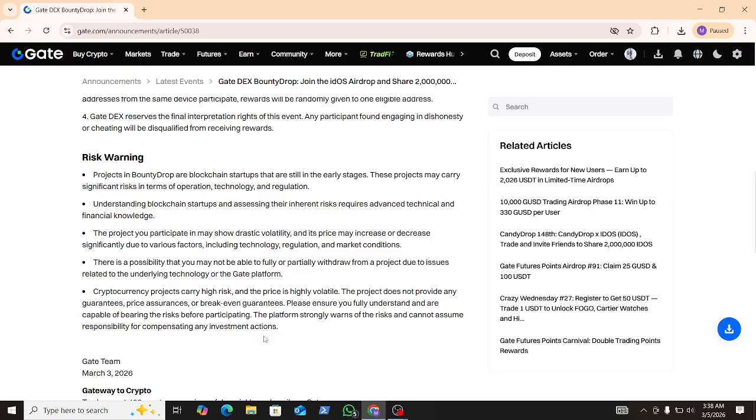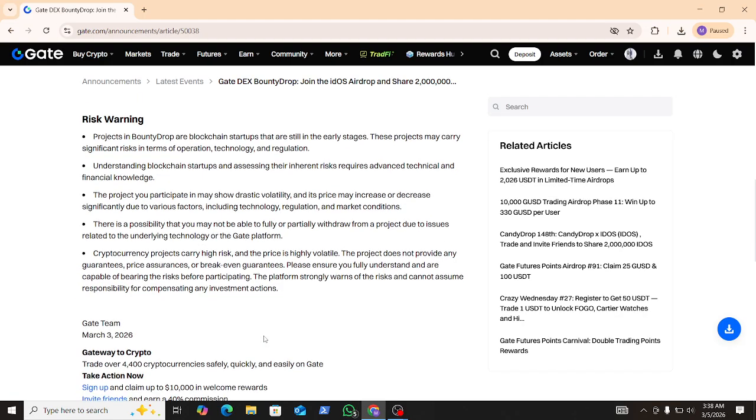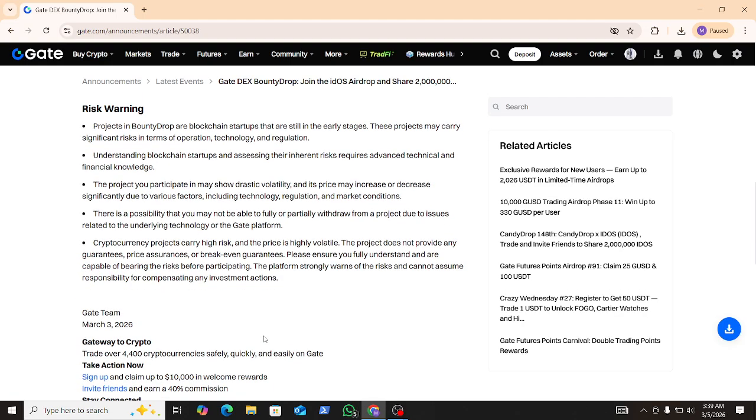Please ensure you fully understand and are capable of bearing the risk before participating. The platform strongly warns of the risk and cannot assume responsibility for compensating any investment action. March 13, 2026.